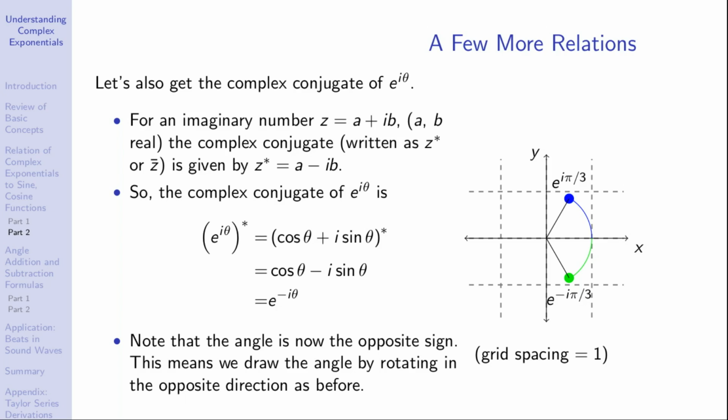Note that the angle now has the opposite sign. This means we draw the angle by rotating in the opposite direction as before. On the right, we've plotted two points: e to the i pi over 3 and its complex conjugate, e to the minus i pi over 3. Both of these points are on the unit circle, but their angles are opposite.